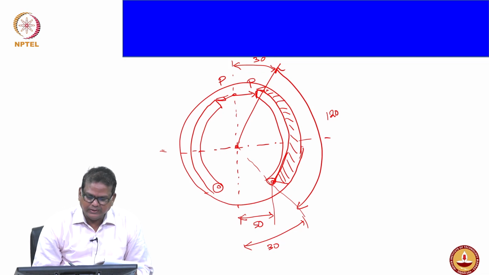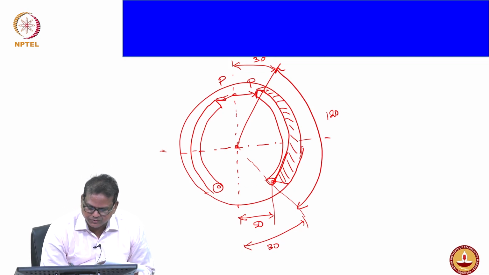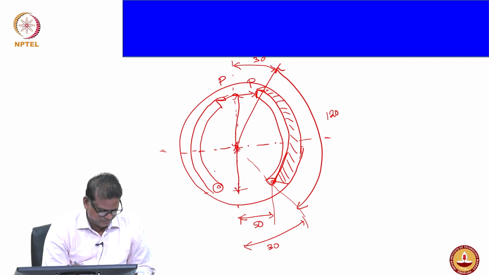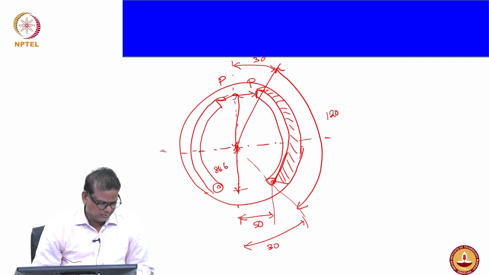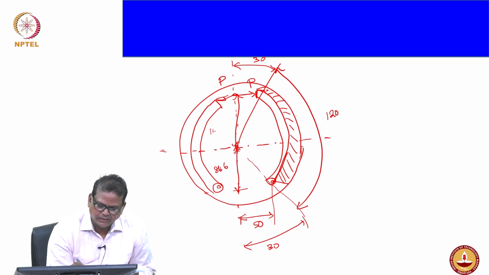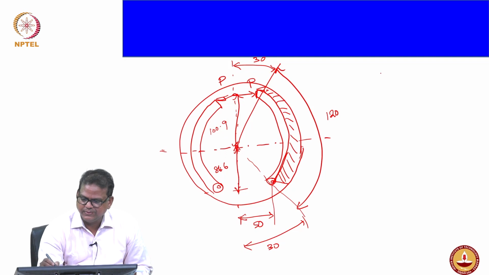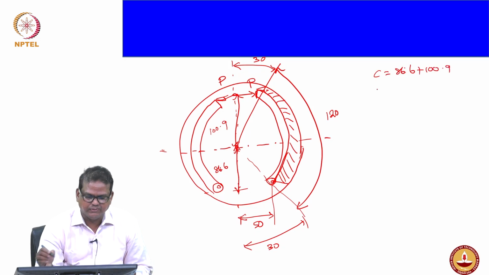Then we need to find out the activation force from the pivot till this position. So, the entire thing will be C. I will give you a split up. This is 86.6 and 100.9. So, the C value is 86.6 plus 100.9, that value is given.